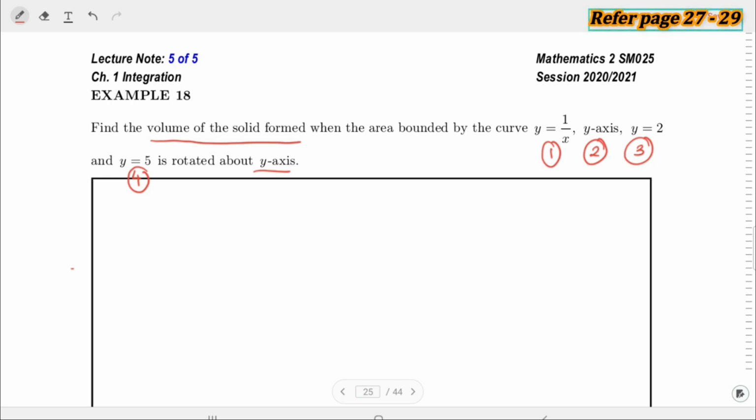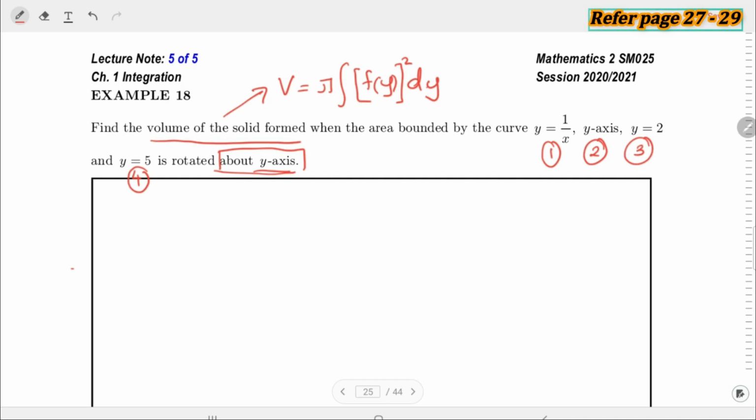So what you must do first is state the formula, because I want to prevent you from making any mistake, especially in the formula. V equals pi, a constant, so I put it in front. Since this is clearly about the y-axis, I put dy, and the function here must be f(y), and don't forget this is to be squared.